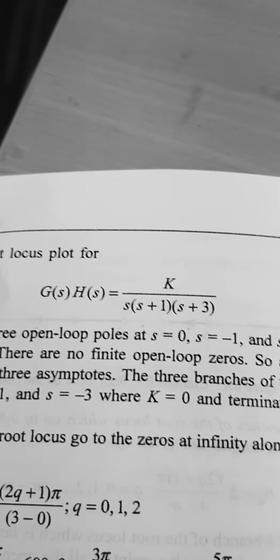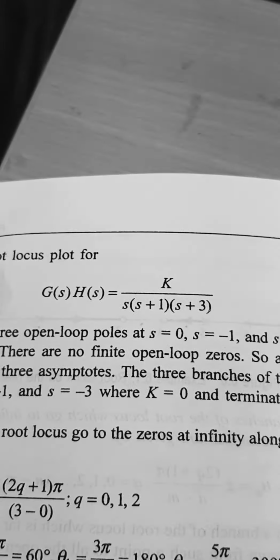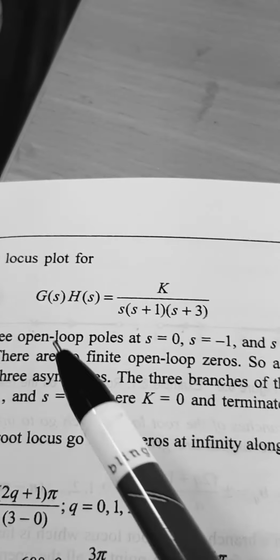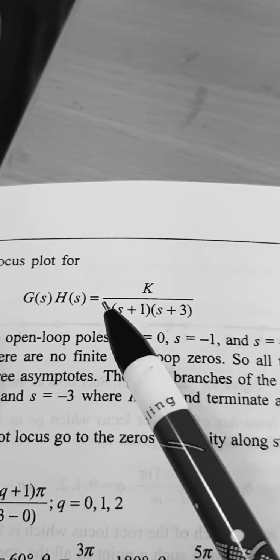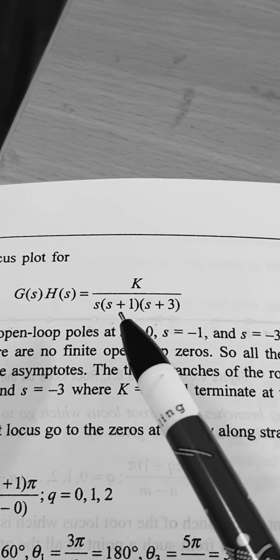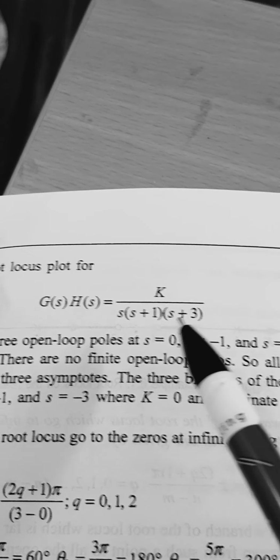The rules may not be followed in the correct path in this text, but I will explain it in the right way. So G(s)H(s) is equal to K into s divided by s plus 1 into s plus 3.